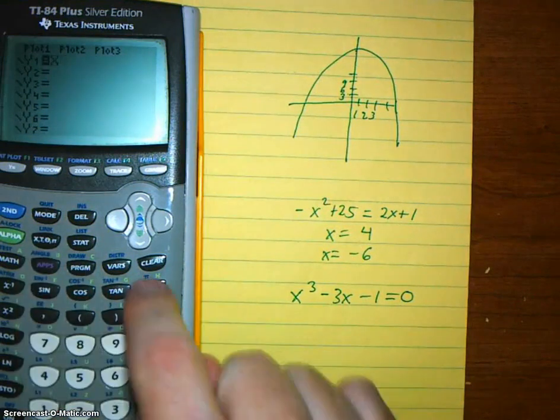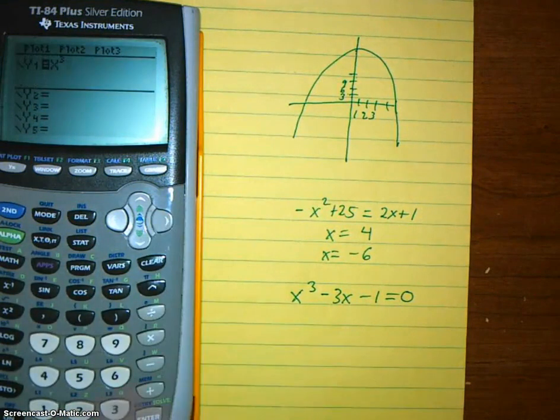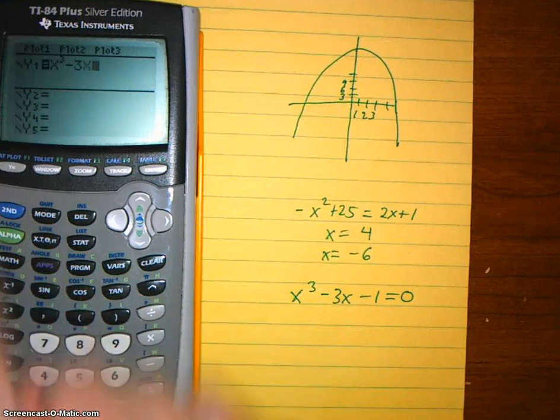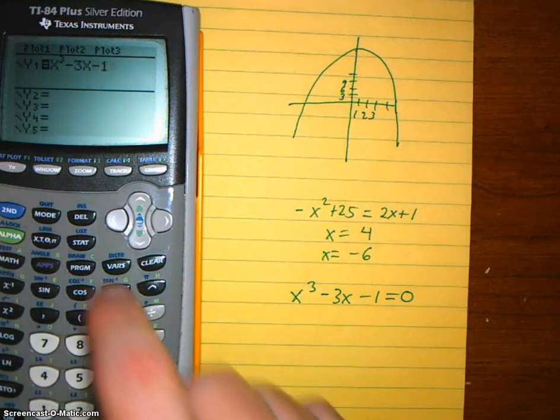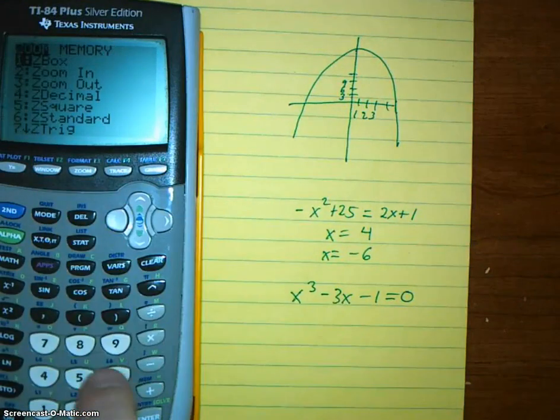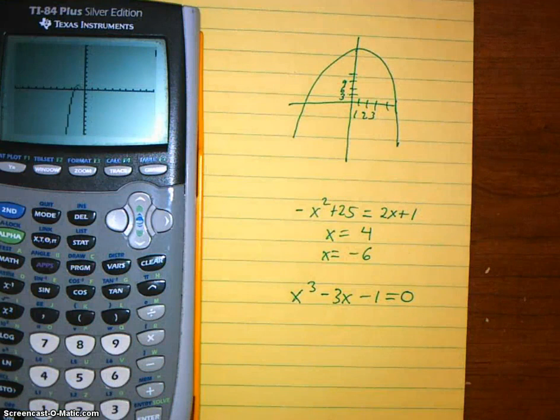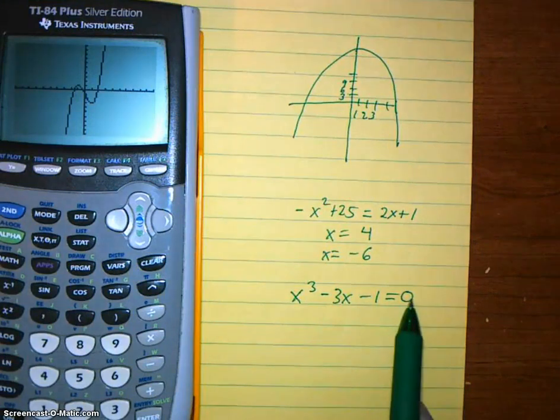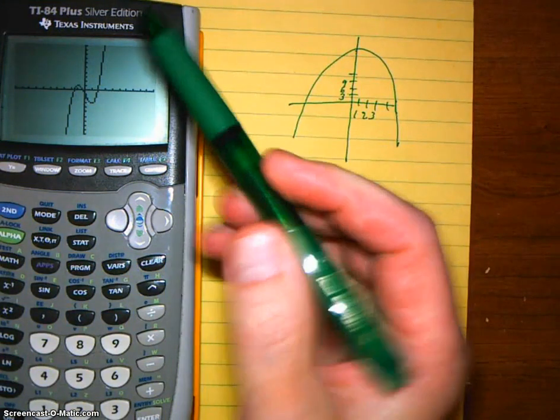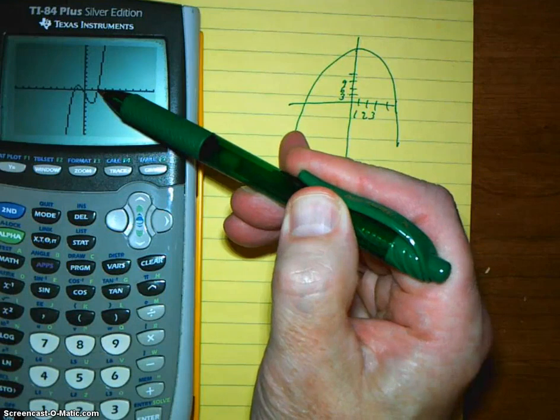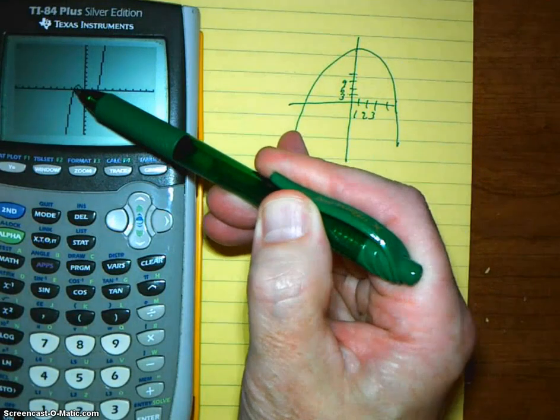I would type in x cubed minus 3x minus 1. Zoom 6 to go back to my usual viewing window. And this time I see that there are 3 answers. I want to know where this is equal to 0, which is the same as asking where are the x-intercepts. There's 1, 2, 3.